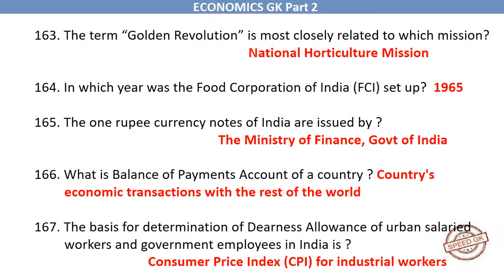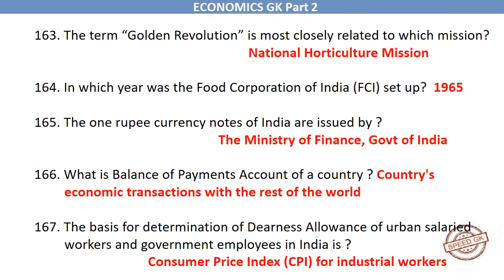The term Golden Revolution is most closely related to which mission? National Horticulture Mission. In which year was the Food Corporation of India set up? 1965. The 1 rupee currency notes of India are issued by the Ministry of Finance, Government of India.